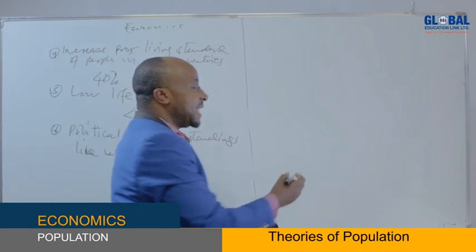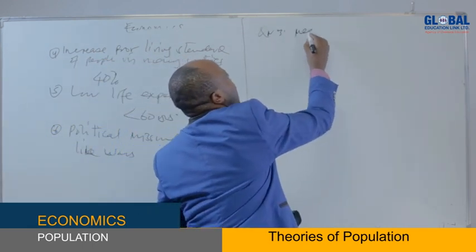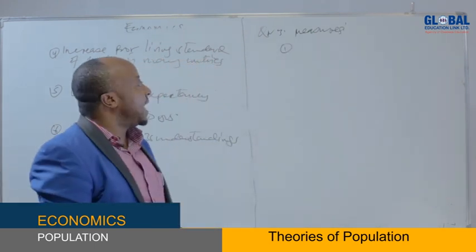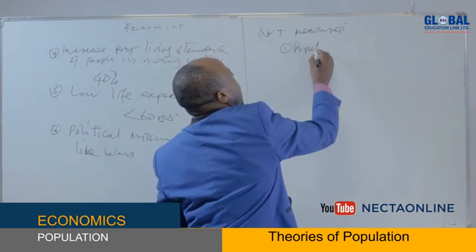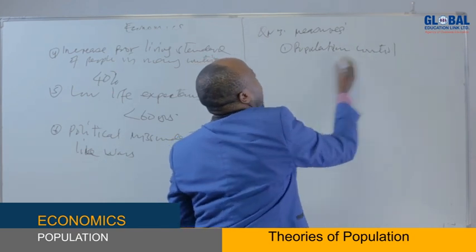Now, some of the measures here, question number 3, can include these ones. One is population control programs.